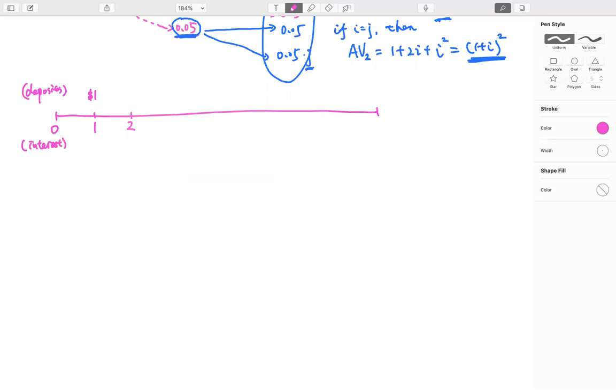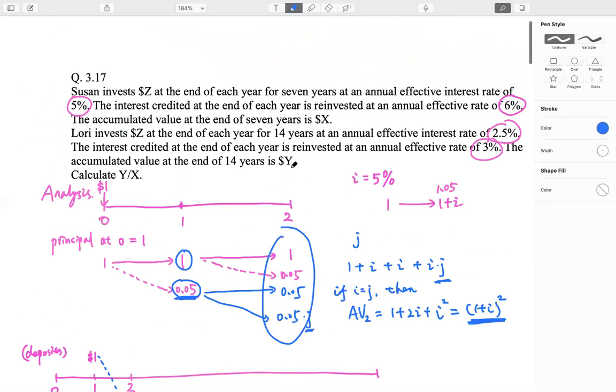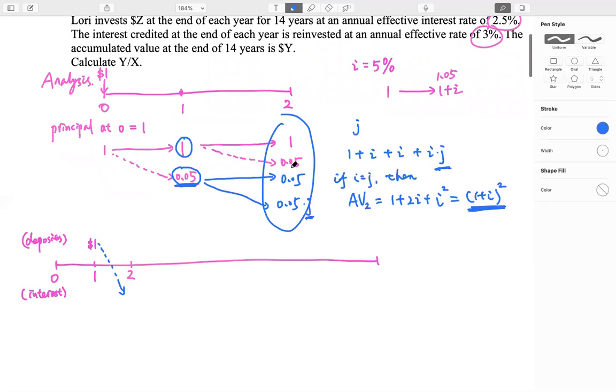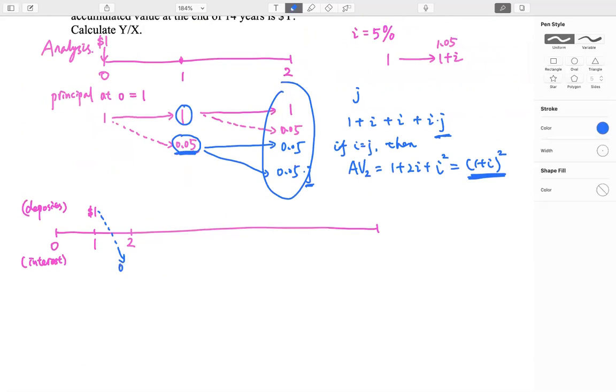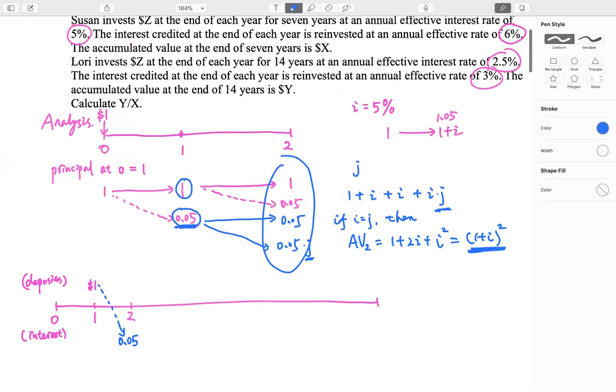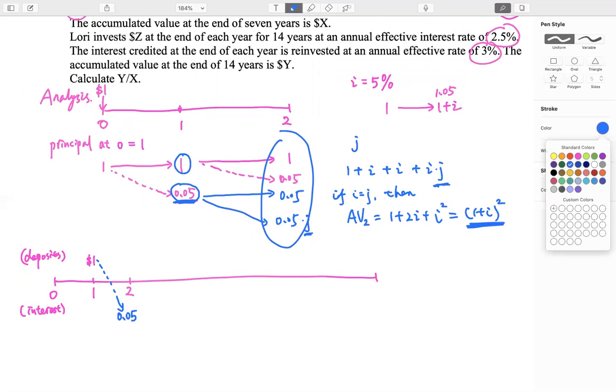So the first interest is credited at time 2, and the amount is 1 times the interest rate, which is 5%, so here it is 0.05. At time 2, Susan deposits another $1.